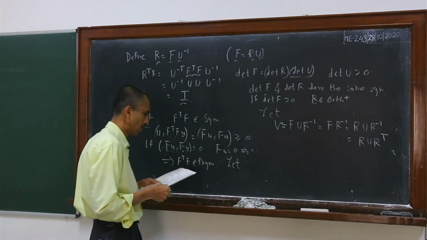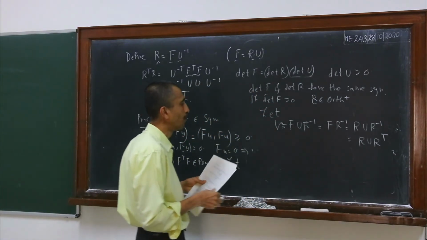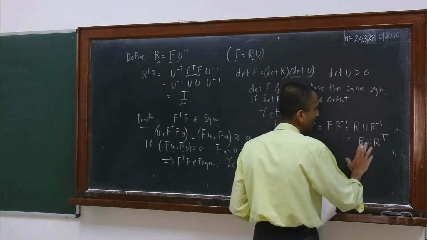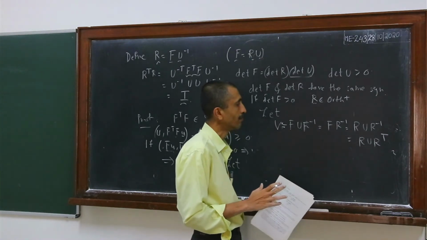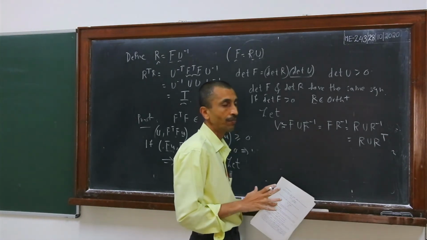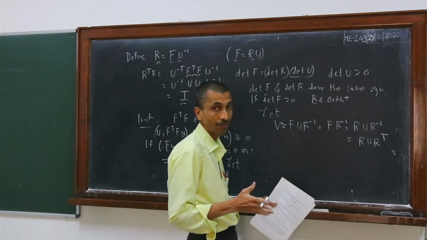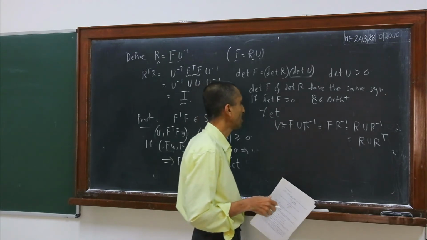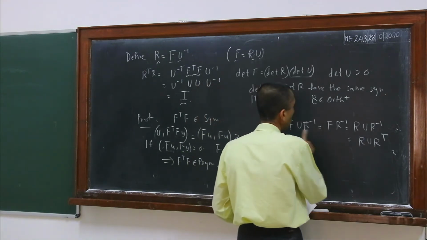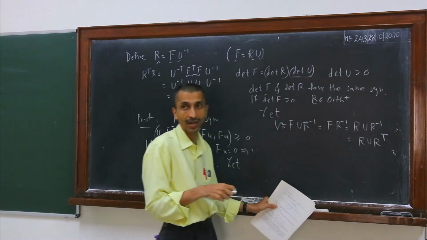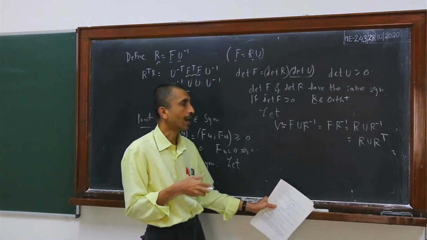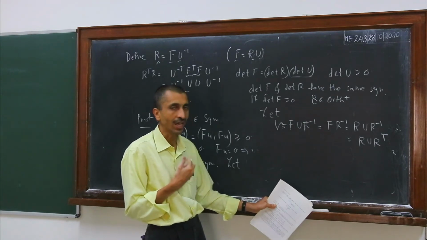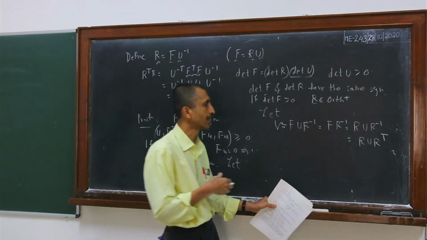We know that if you pre and post multiply any tensor by an orthogonal tensor, then all the eigenvalues and the principal invariants remain the same. Because of that, V will also have the same eigenvalues as U. Since all the eigenvalues of U are positive, all the eigenvalues of V are also positive, and it is also clearly symmetric.